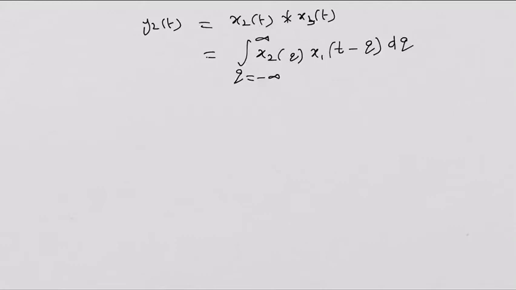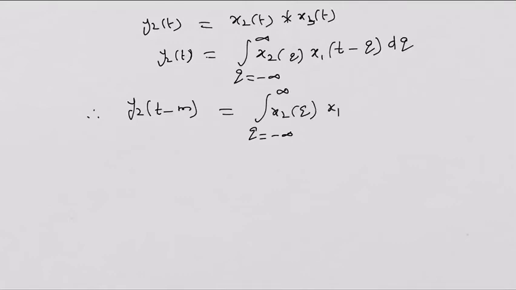This is y2 of t, right? Then what is y2 of t minus m? If t is delayed by m units, what will be the impact on this integral equation? q varies from minus infinity to plus infinity, x2 of q, x1 of t delayed by m, that is t minus m minus q, correct?